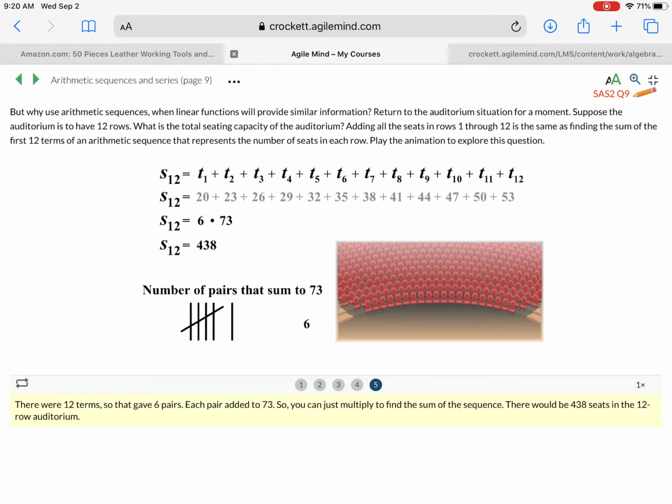So you're just breaking the number of terms in half to get your pairs because there's 2 in a pair. Okay? Each pair was added to 73. And I'm just multiplying to find the sum. 73 and 6 would give me 438 seats in the 12-row auditorium. Okay? All right, moving on.